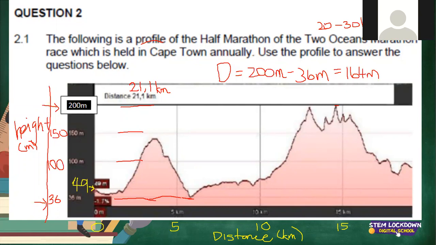Okay, Bacon says between 10 kilometers and 15 kilometers. Any more answers? Okay, I can see obviously the most challenging, usually steep hills are the most challenging.